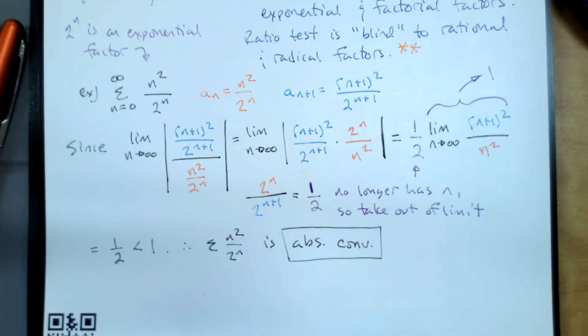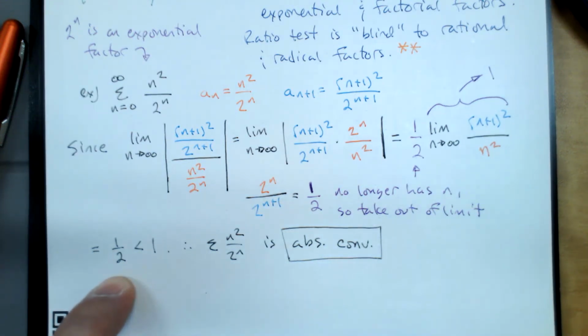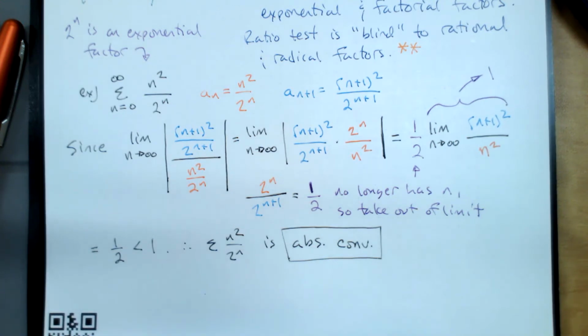What made that less than 1? That's what we want to focus on. Not just these individual moves. We want to see the bigger picture of what's going on when we first look at the series.